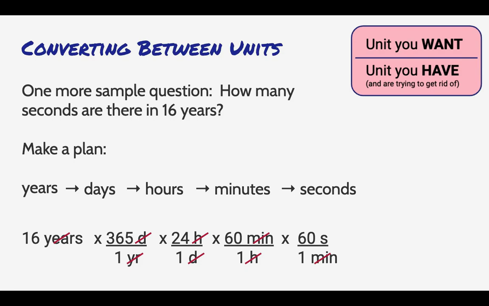So the minutes cancel. Here we can multiply: 16 by 365 by 24 by 60 by 60, and we get that there are 504,576,000 seconds in 16 years. Okay, so that's how we can use unit conversion factors to convert between different units.